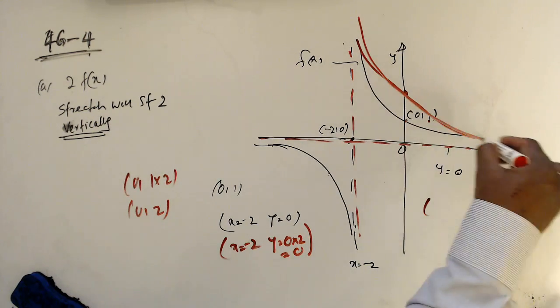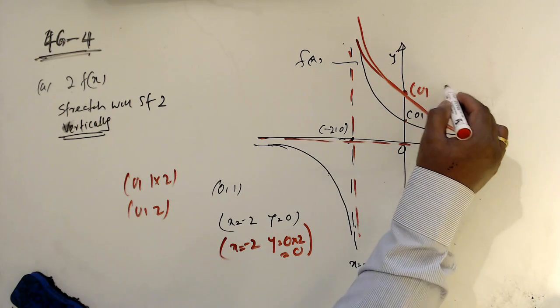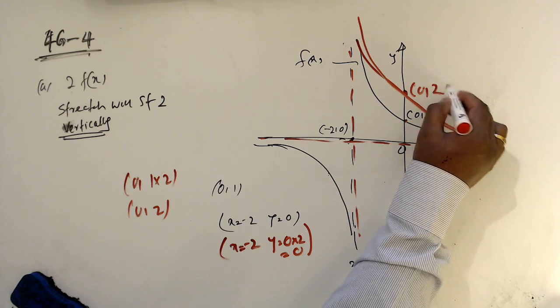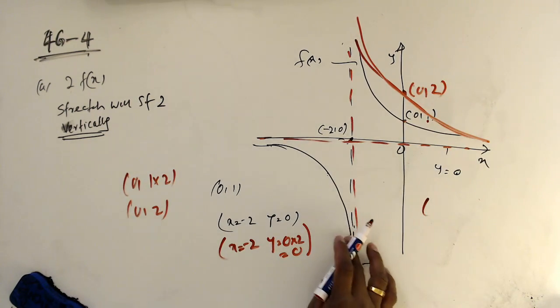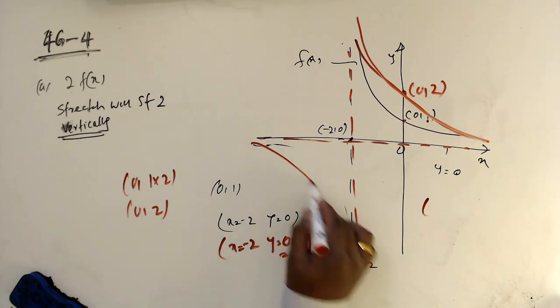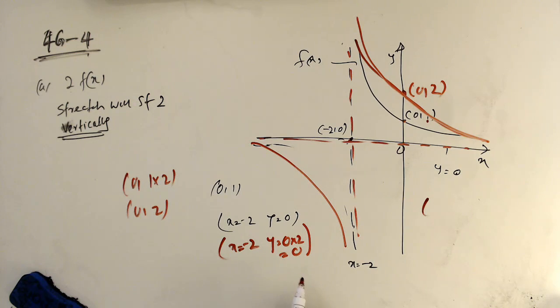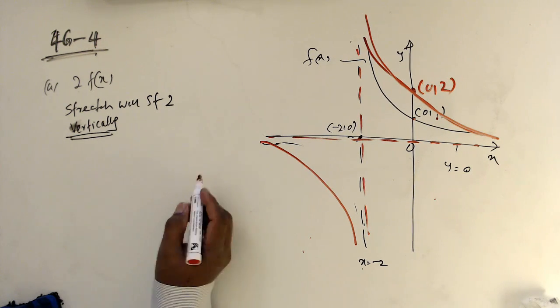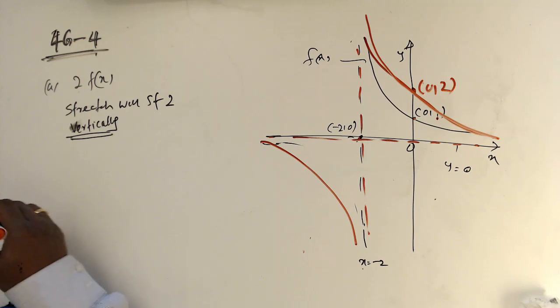So this kind of graph, this is 0, 2 now. The asymptote is still going to be the same.